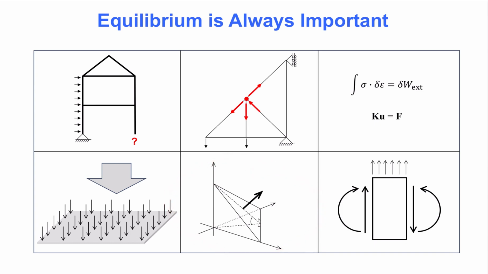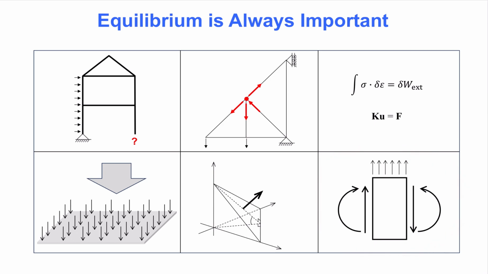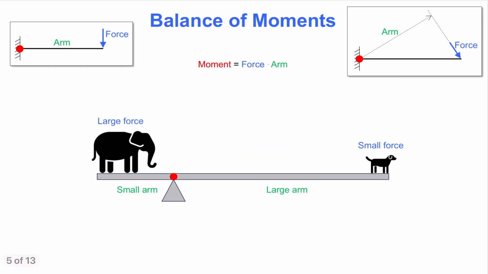Even in the Euler-Bernoulli beam theory, it is necessary to amend the regular derivations, which only include axial stress, with equilibrium in order to recover shear force and shear stress. Several of the applications on this slide are outside the scope of the present course, but they suggest that equilibrium is always important.